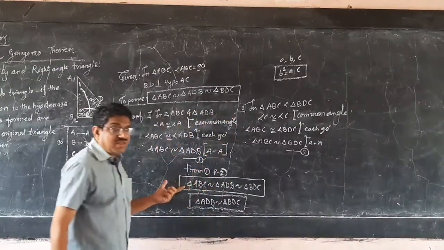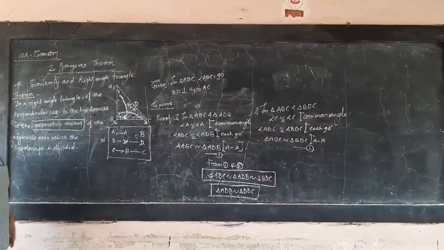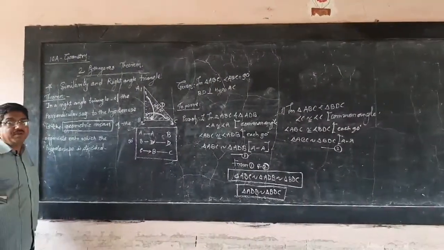With the help of this theorem only we are going to prove it. Now, the second theorem that I told is called the geometric mean property.